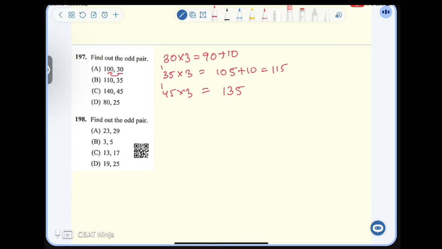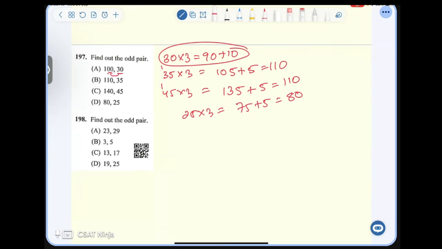Okay, I see a pattern here. So 105 plus 5 gives me 110. 135 plus 5 gives me 140. And 25 into 3, which is 75, plus 5 gives me 80. That means the odd one is this one, which is option number A.